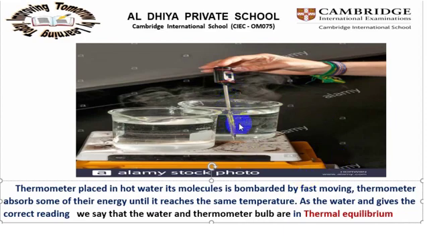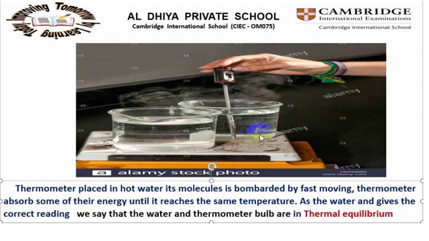If we put a thermometer in hot water, the thermometer is bombarded by fast moving water molecules, and it will absorb some of their energy until it reaches the same temperature as the water and gives a correct reading.